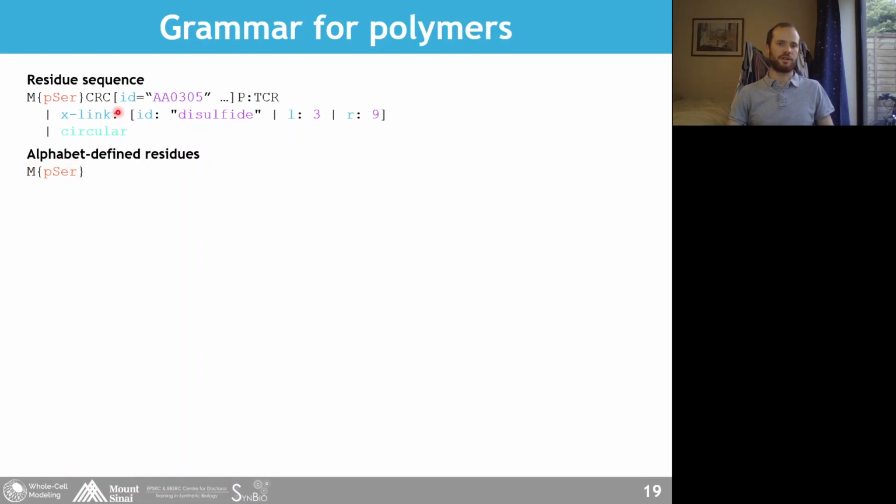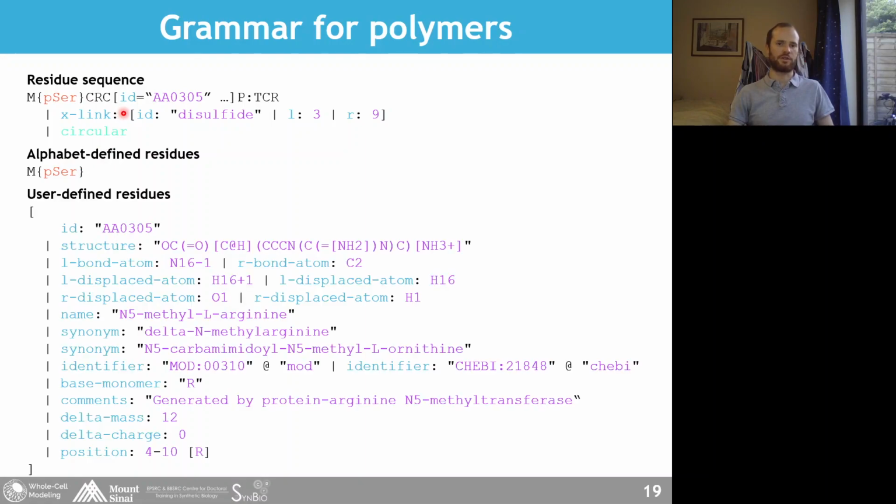What we also see here is a user-defined residue, and this allows users to specify residues that are not yet in the BpForms alphabet. And the way users can specify that is that they first enclose the residue that they want to specify in square brackets. And within these square brackets, they describe all the attributes needed for BpForms to understand what this residue is.